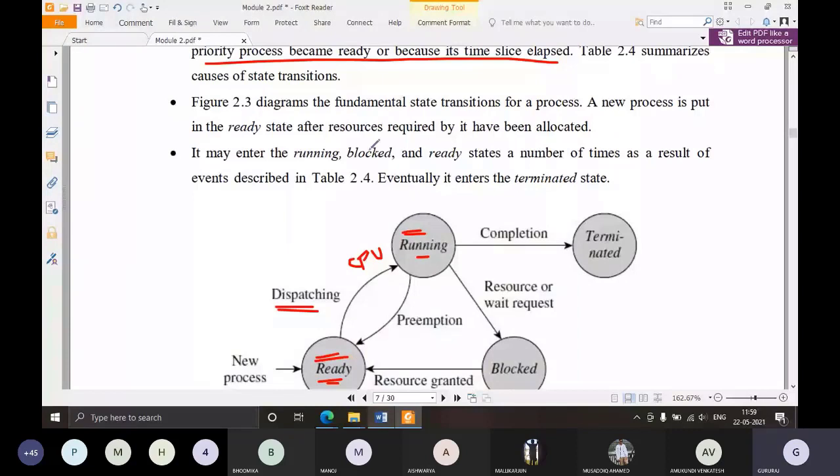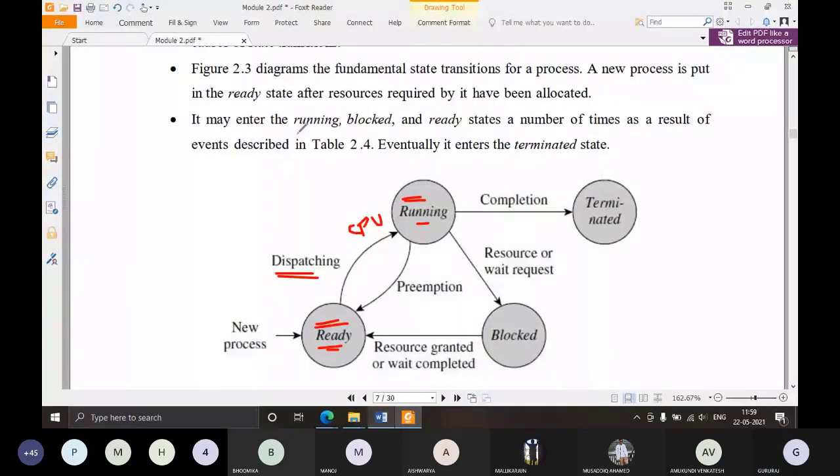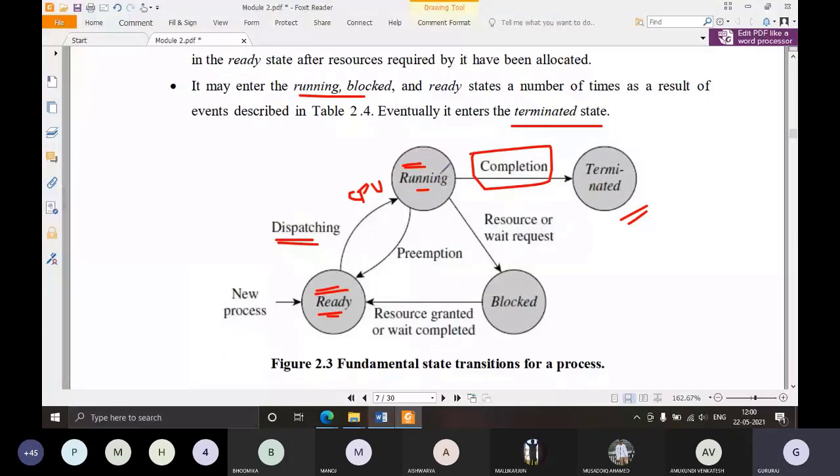Eventually, when it completes itself, it is terminated. It will enter the terminated state if it completes. So you can see a running process can enter the blocked state if it has made a resource request or an event request.